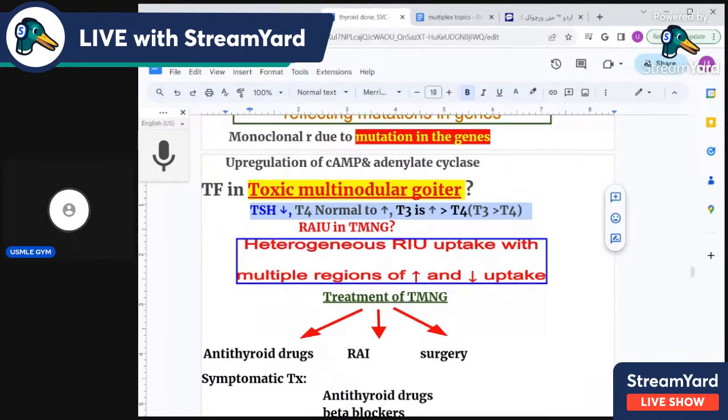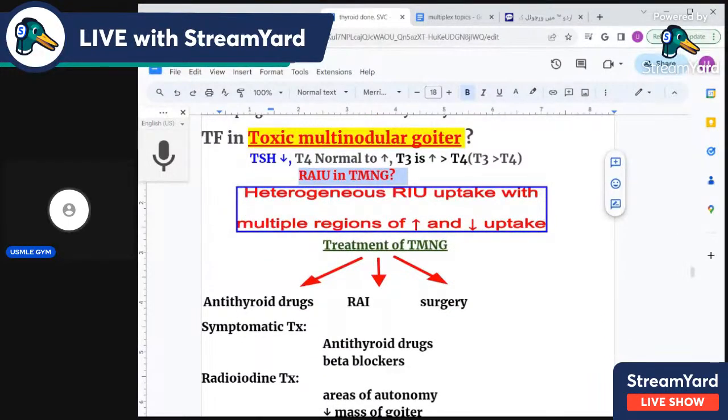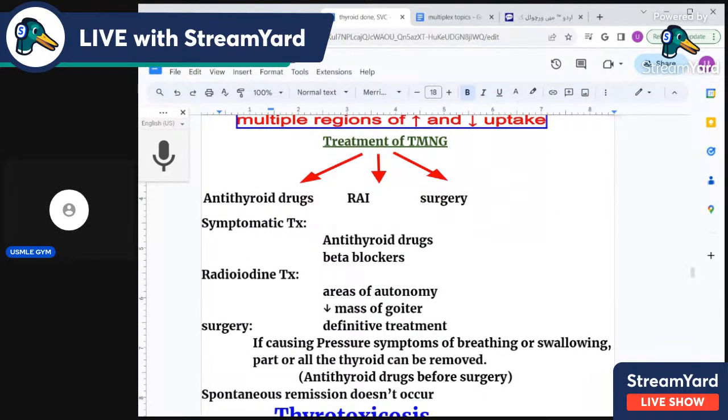How about radioactive iodine in toxic multinodular goiter? Because it causes distortion in anatomy and physiology, there is heterogeneous radioactive iodine uptake with multiple areas of increased and decreased uptake. Now, the treatment of toxic multinodular goiter: antithyroid drugs, radioactive iodine, and surgery. Antithyroid drugs are given with beta blockers.